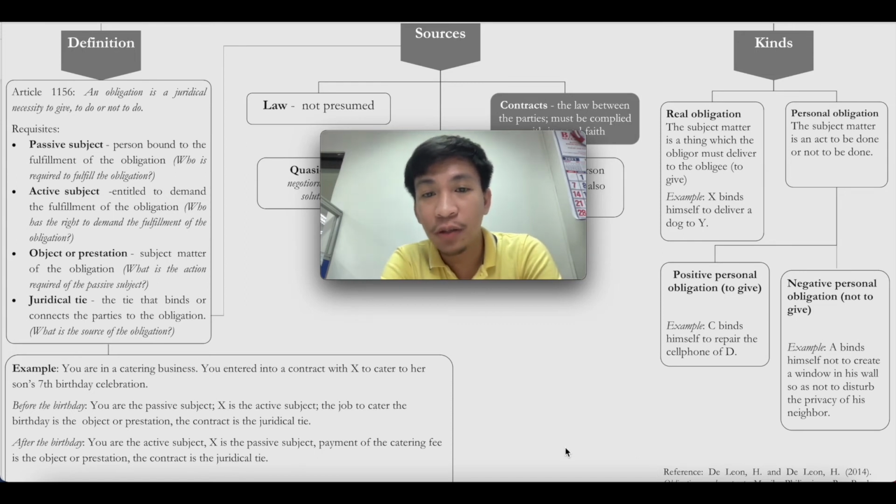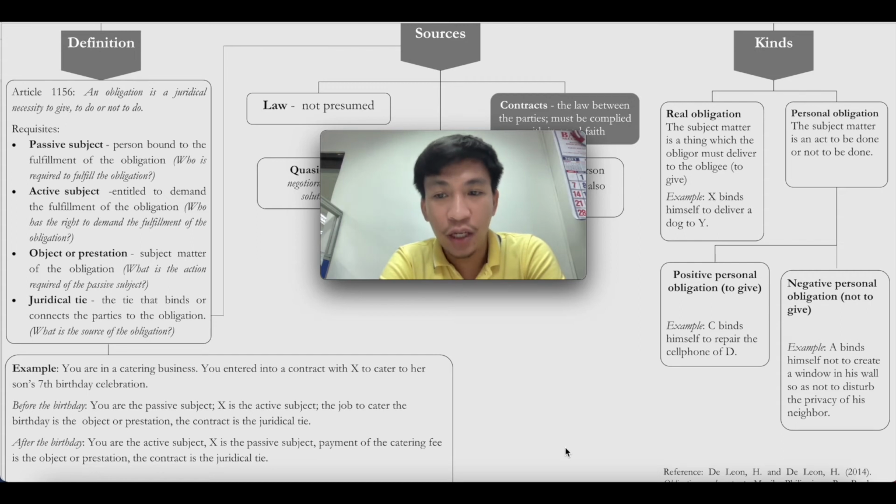Si obligor, pwede na natin siyang tawagin doon sa kabila kanina na passive subject. Doon si obligee ang active subject. So, in a real obligation, ang subject matter or ang object or prestation ng obligation ay to give something, to deliver something.